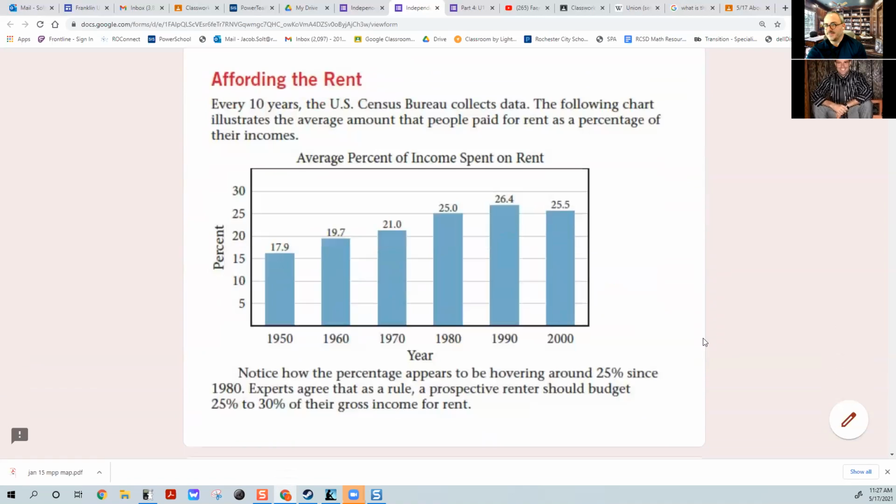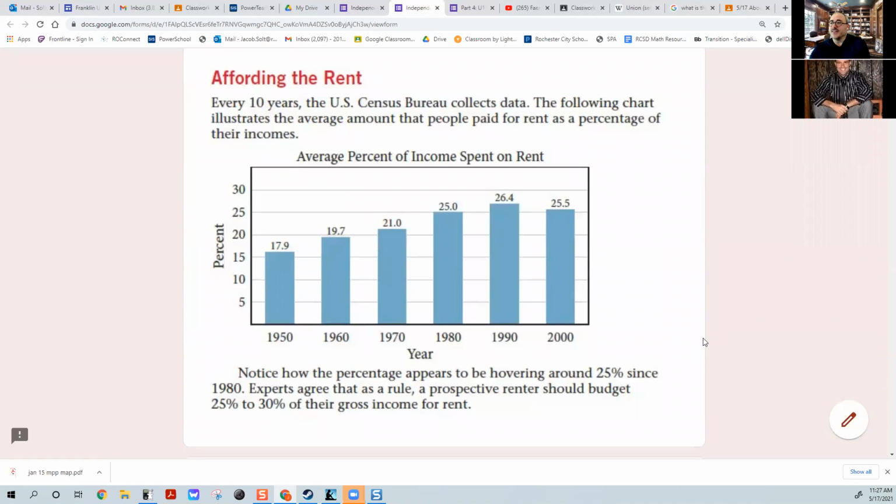All right, affording rent. Every 10 years, the U.S. Census Bureau collects data. It was just recently a census in 2020. The following chart illustrates the average amount people paid for rent as a percentage of their incomes. So in 1950, people spent about 17.9% of their income on rent. So a little bit less than 20% of their income went towards rent.